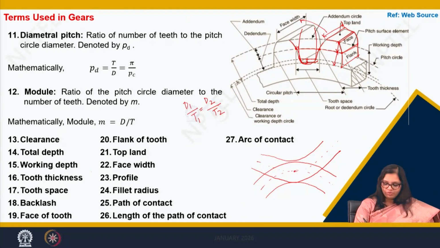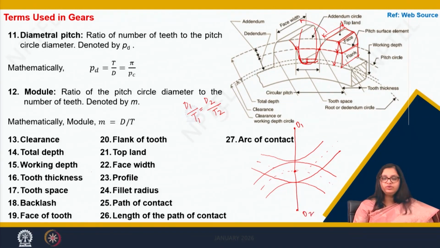Now this is the point where they are meshing. Let us take the center of this pitch circle. So this is one center O1, this is another center O2.